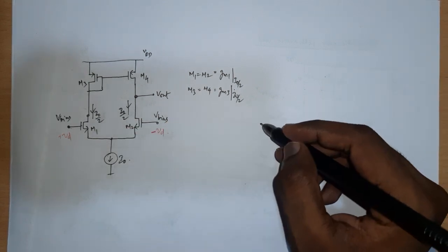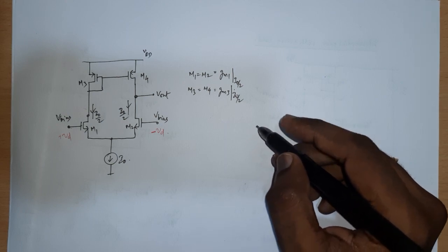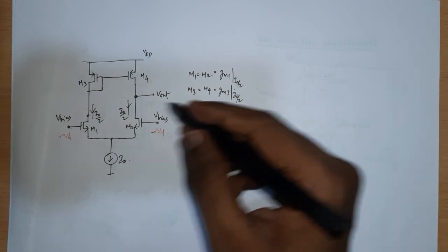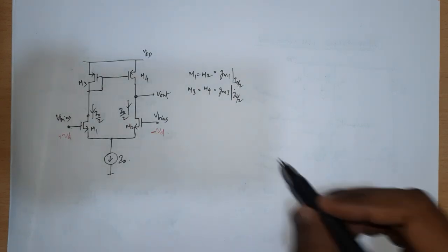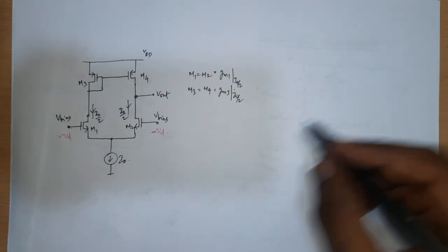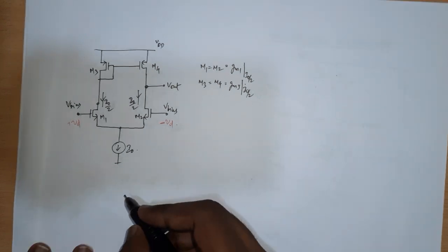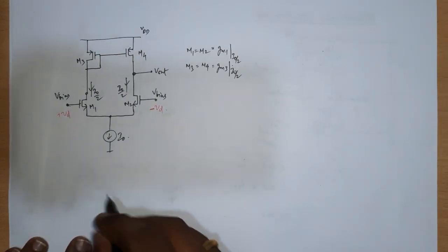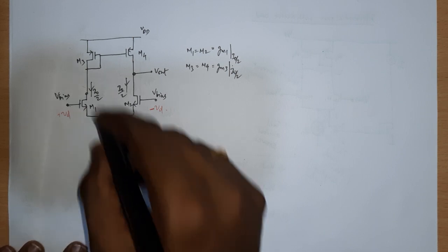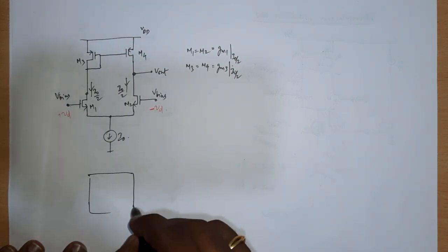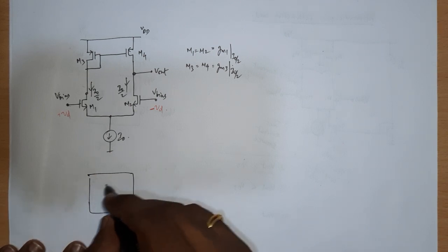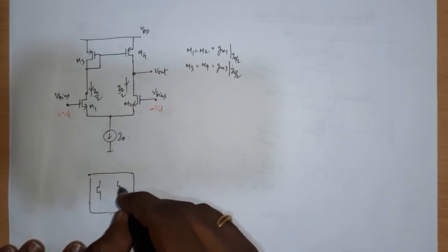Now coming back to the implementation of the small signal equivalent of this whole network. Essentially, let me put everything in a block. Say I have a black box inside which I have some transistors connected in some way.